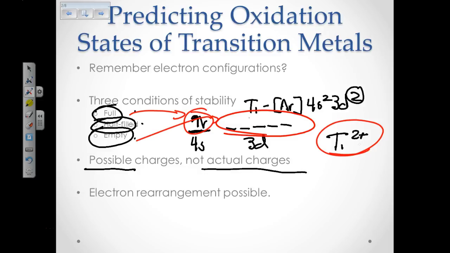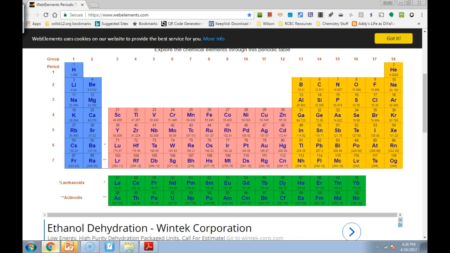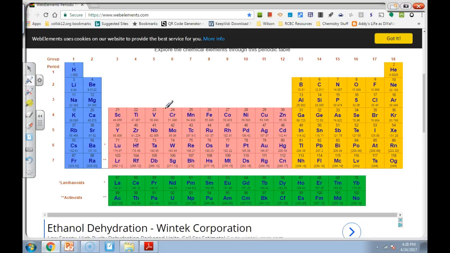The last thing that I wanted to make sure that I point out here is that we can rearrange electrons in order to promote stability. My favorite example is something like chromium, and copper and silver all do this.